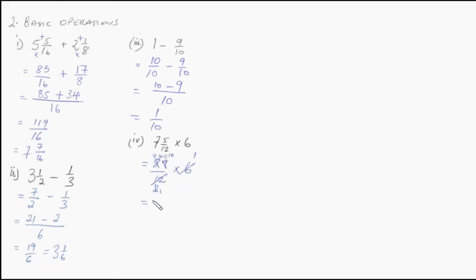So the answer is 44 and a half, or 44.5. I'm saying and a half because of the mixed fraction, so I decided to make my answer a mixed number. But you could still leave it as a decimal, which would be 44.5.